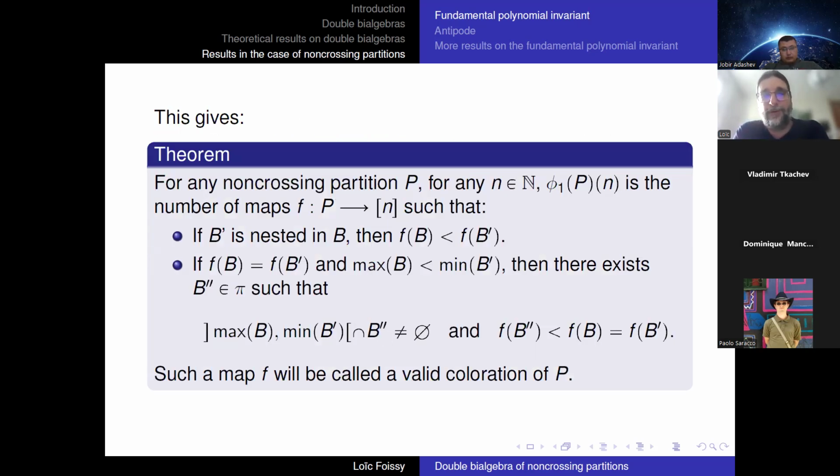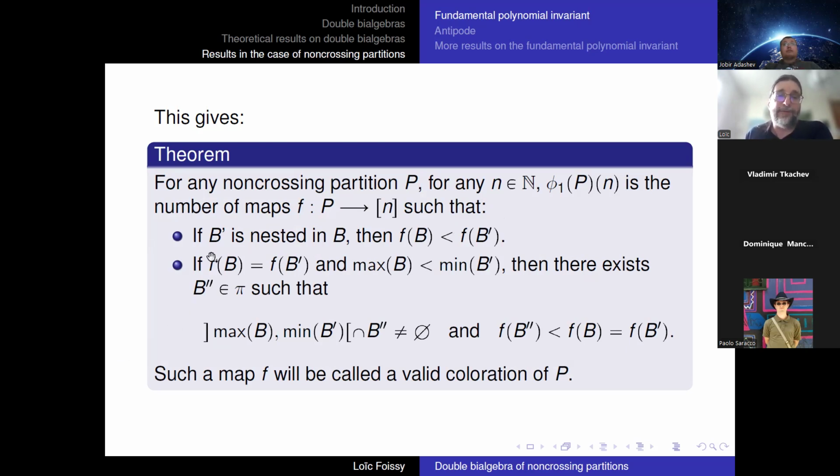So the fundamental polynomial invariant for non-crossing partitions counts something which is described like this. You evaluate it at n, which is an integer. You count the number of maps which to each block associate a color. If you have a nesting, then it should be strictly increasing.